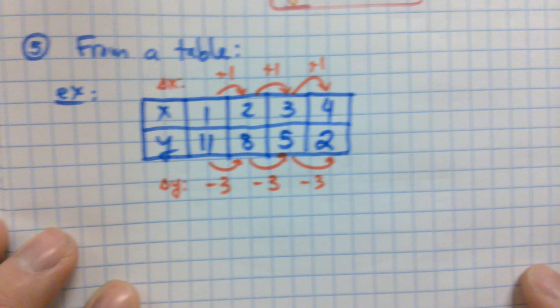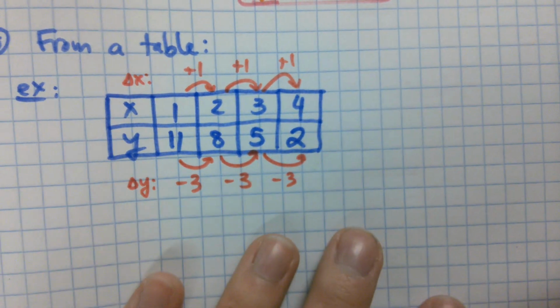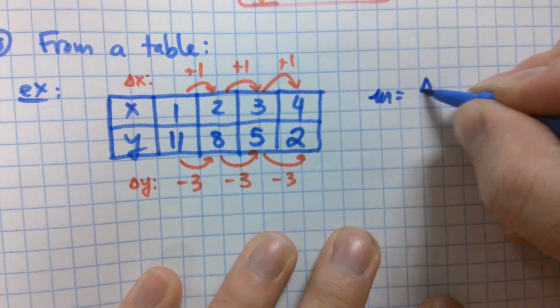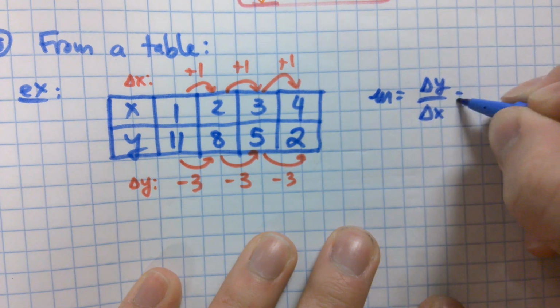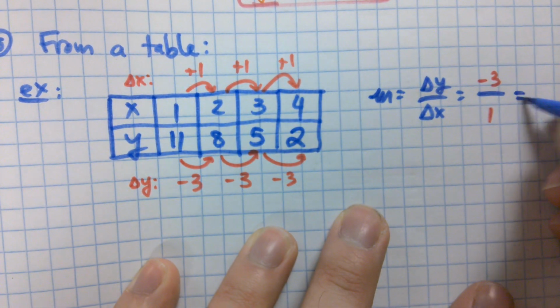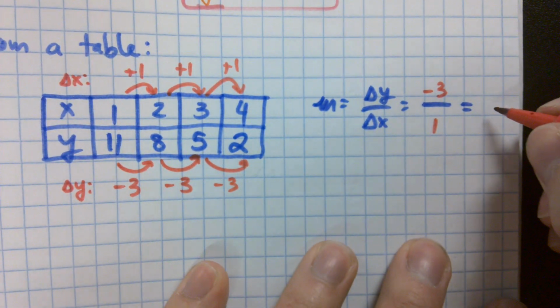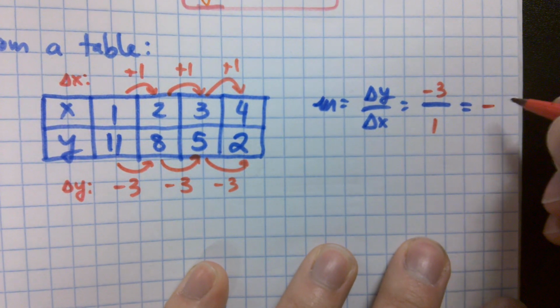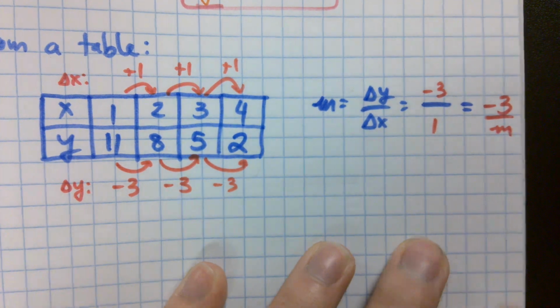So my m is equal to the change in y over the change in x, which in this case is negative 3 over 1. And that simplifies to be what? Negative 3. Boom. That's my m.